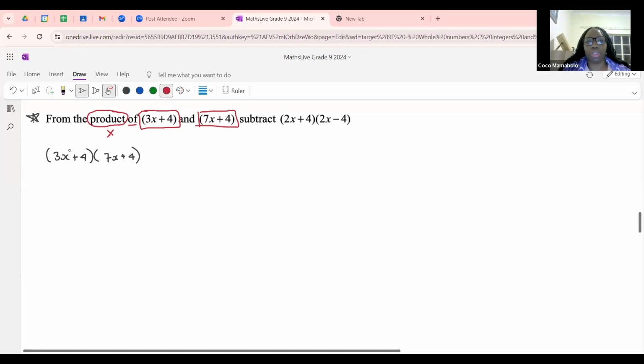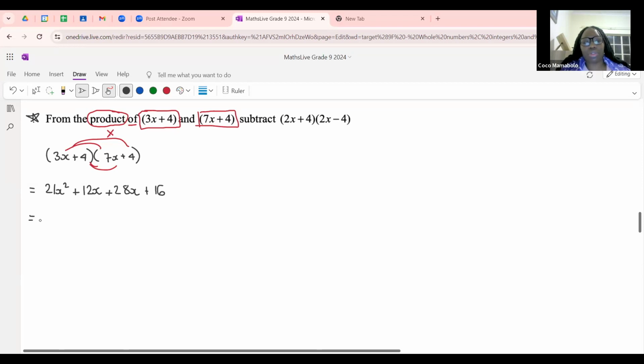Now if I do FOIL, I'm going to get 3x times 7x, that will give me 21x squared. 3x times 4 will give us plus 12x. 4 times 7x will give us plus 28x. And 4 times 4 will give us plus 16.